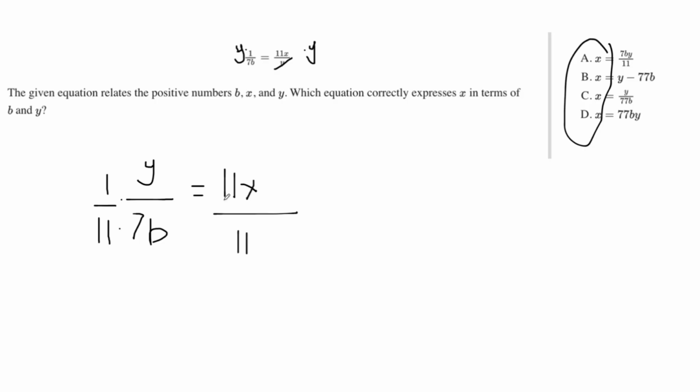It's going to cancel out the 11 on each side, so that'll get x by itself. So our final answer, y divided by 77b, because you multiply 11 and 7 out, equals x. So let's see if there's anything in the answer choices that seems to match that. C, oh, right here, choice C. So that'll be our answer.